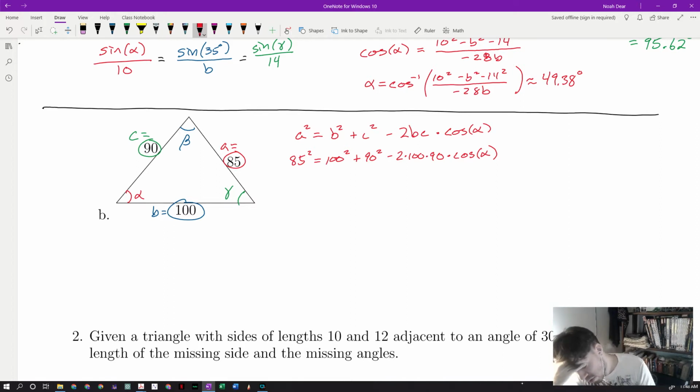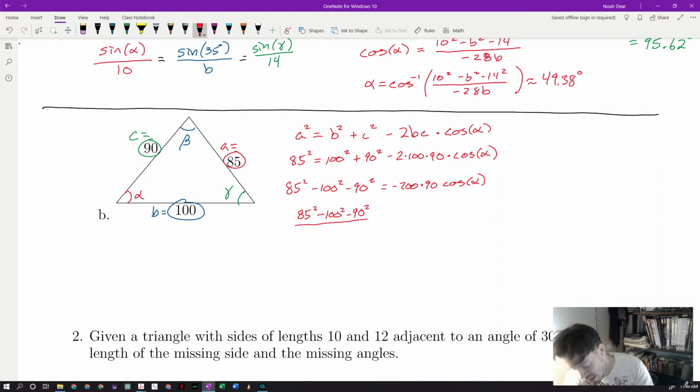So let's solve for cosine of alpha first. It's going to be 85 squared minus 100 squared minus 90 squared equals negative 2 times, well, let's say 200 here, times 90 times the cosine of alpha. And then I'll divide that over. These are just real big numbers. I don't think there's any benefit to simplifying this at this point.